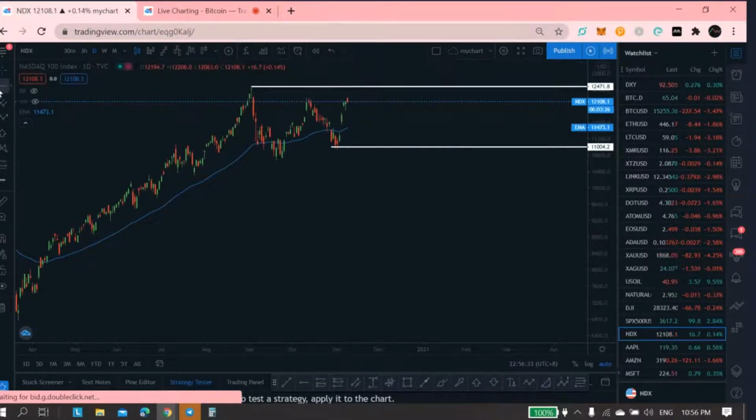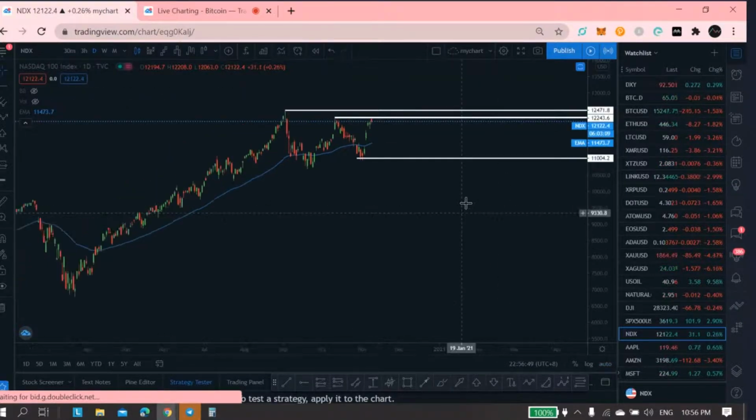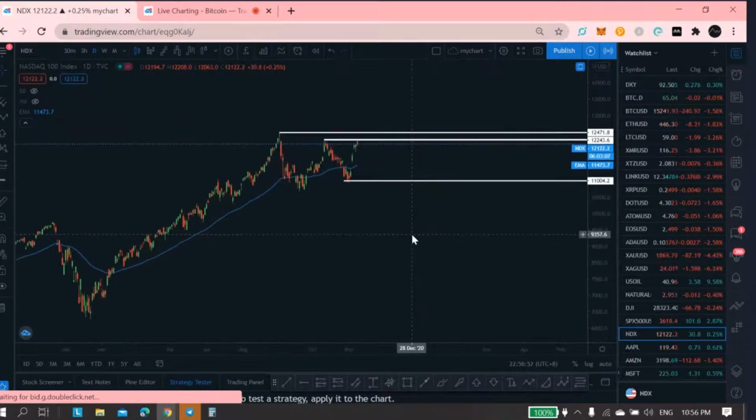So let's see if that holds. Previously, that served as a resistance area. So it's just minimum rewards for me at the moment, unless it will create a new all-time high.